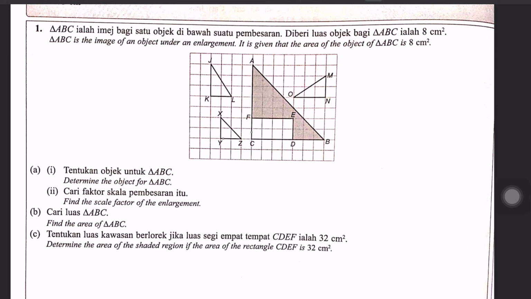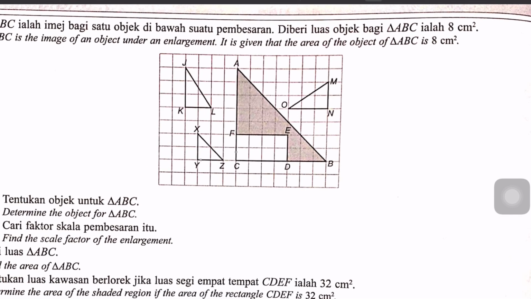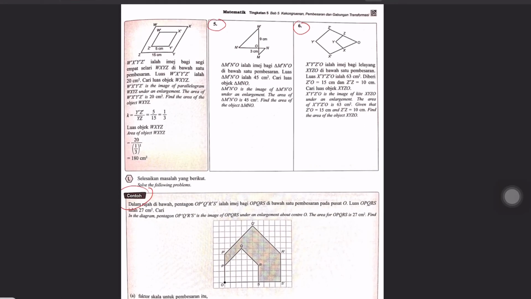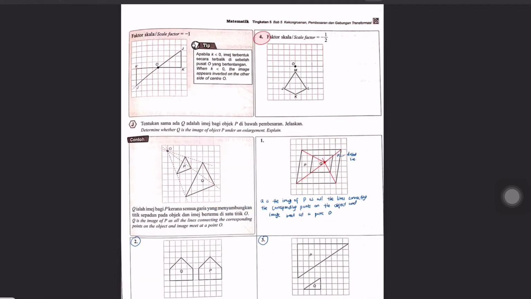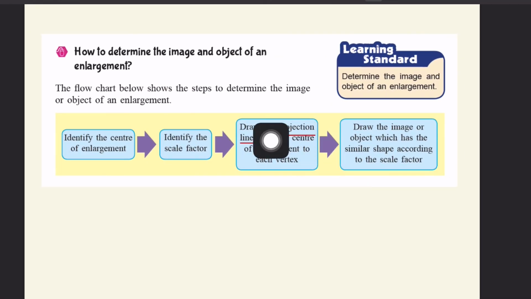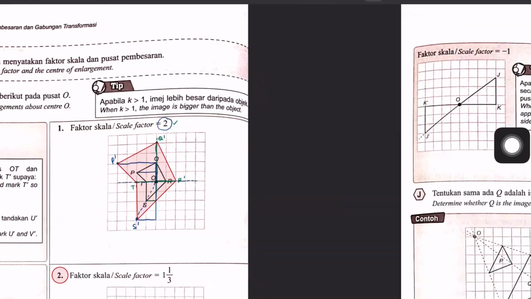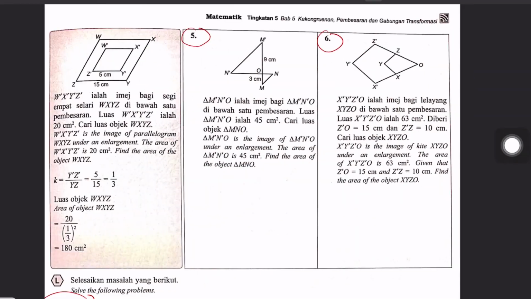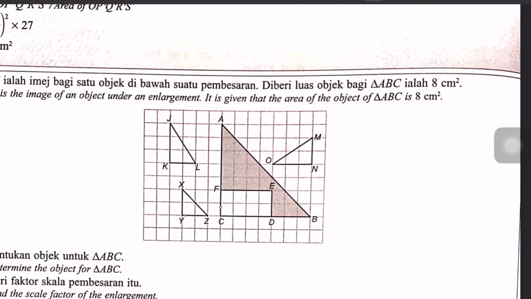So which one is the object? In order for us to find the object for the image, we can draw the projection line. Remember, projection line. Please make it a habit to draw a projection line.